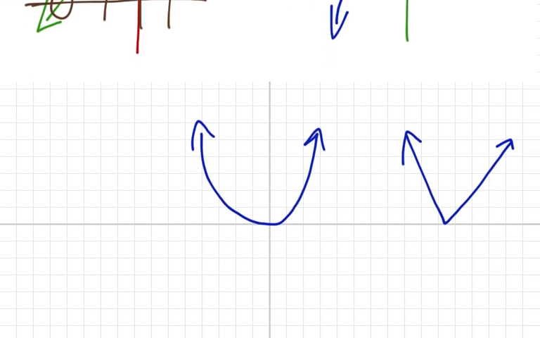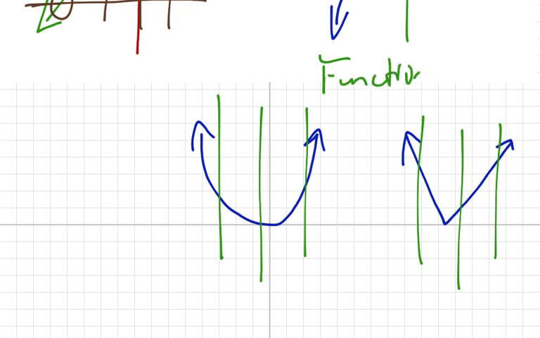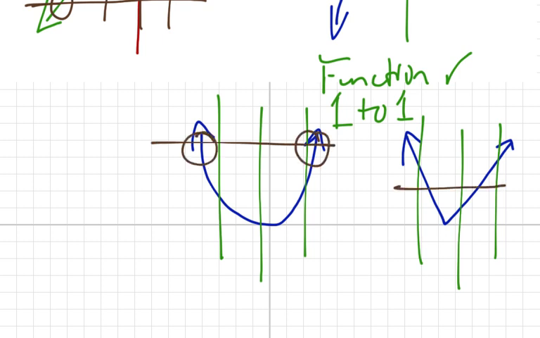Now if I take a look at these graphs down here, they all pass the vertical line test, which means that they are functions. So functions, check. But one-to-one, we have an issue because when I draw a horizontal line, I touch two places. So I touch this one in two places, which means these are not one-to-one.